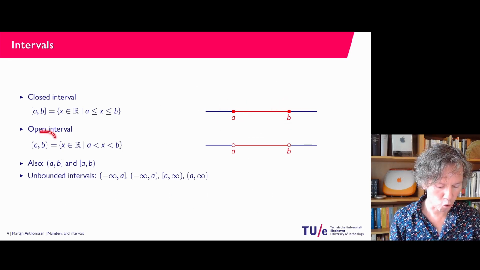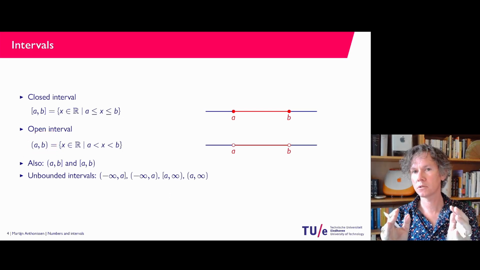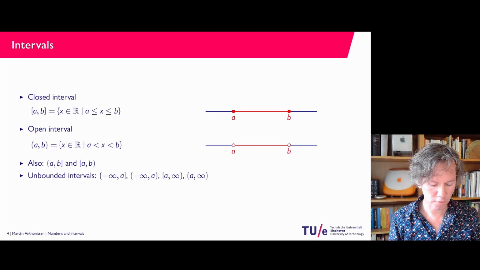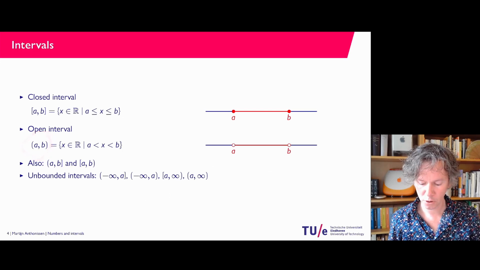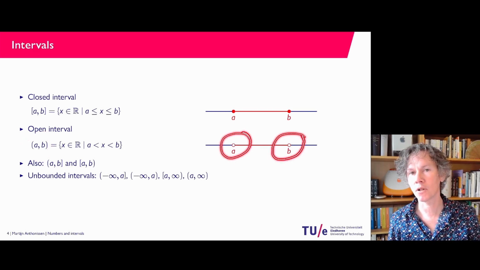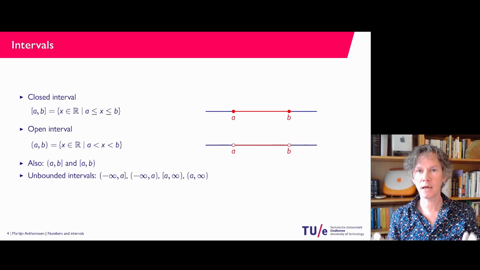Similarly, we have an open interval here. So if we have normal brackets, round brackets, then we get the interval from a to b. But now, since we use round brackets, it means that the endpoints are not included. So here is a little open circle, meaning that a and b are not in the collection. So this is all the numbers in between a and b, but not a and b themselves.